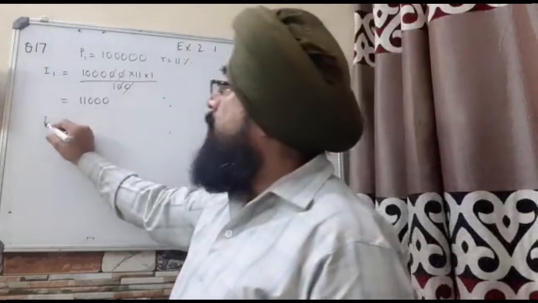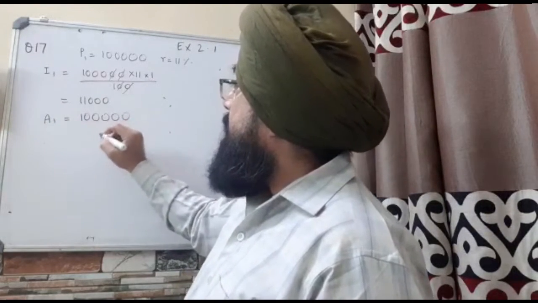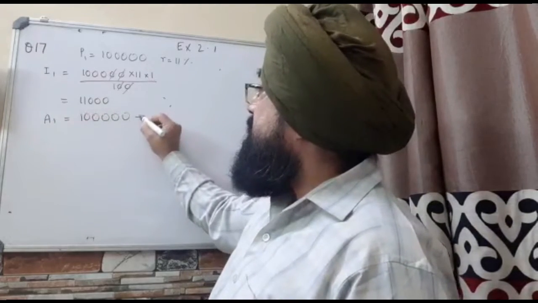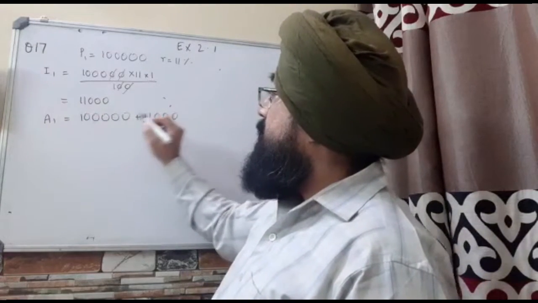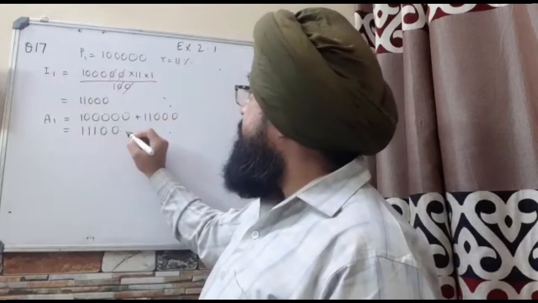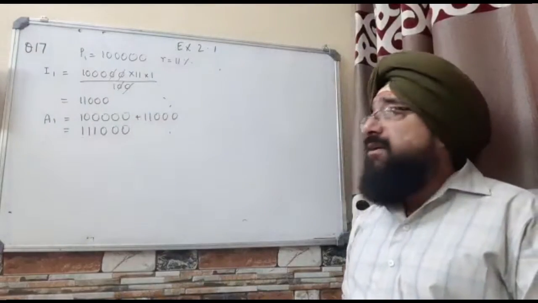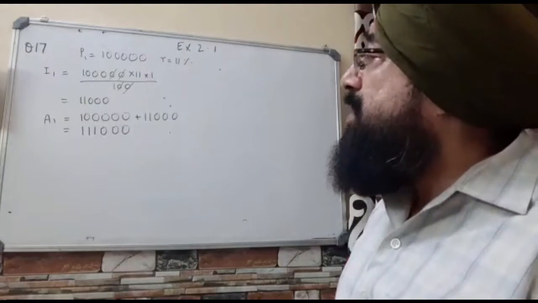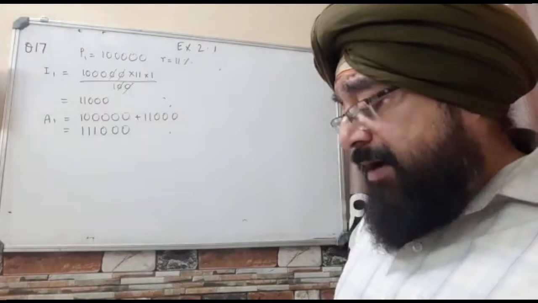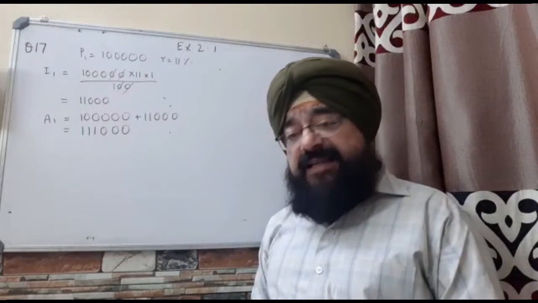So therefore amount at the end of 1 year will be equal to 1 lakh plus 11,000. So that is 1 lakh 11,000. Some kind of a magic is happening here, I suppose. So 1,11,000 rupees is the net amount due on him, which he has to pay to the bank. And he repays.